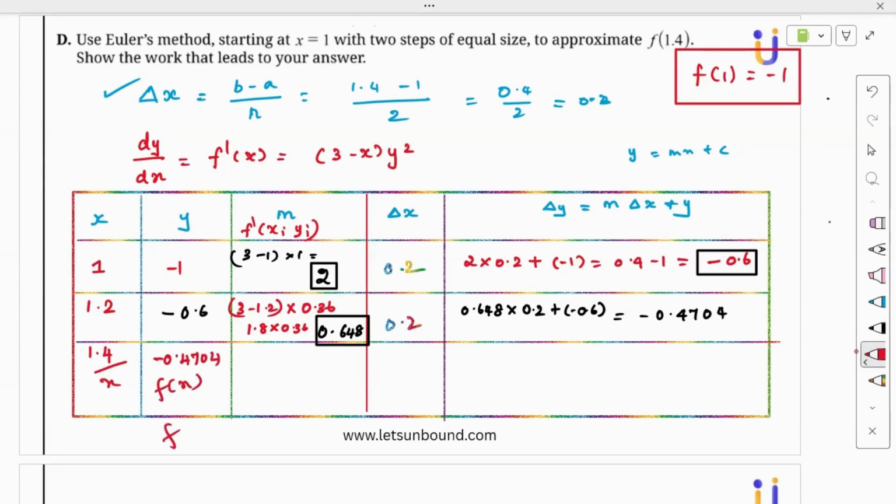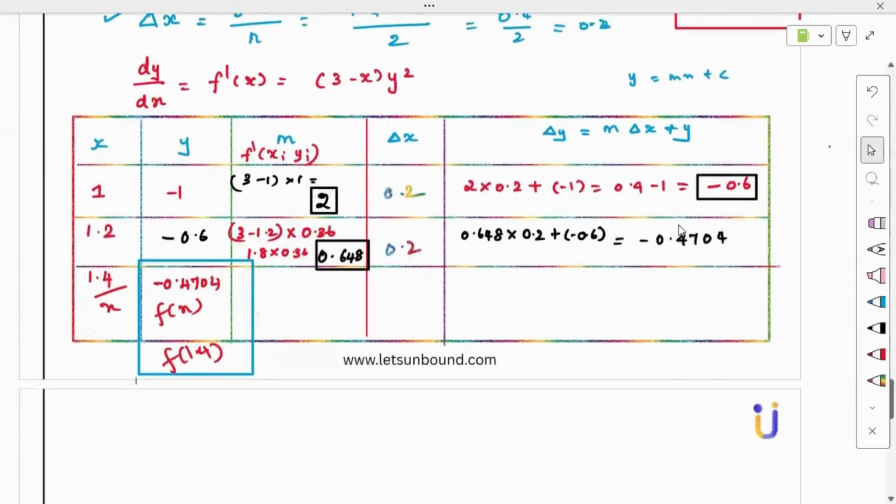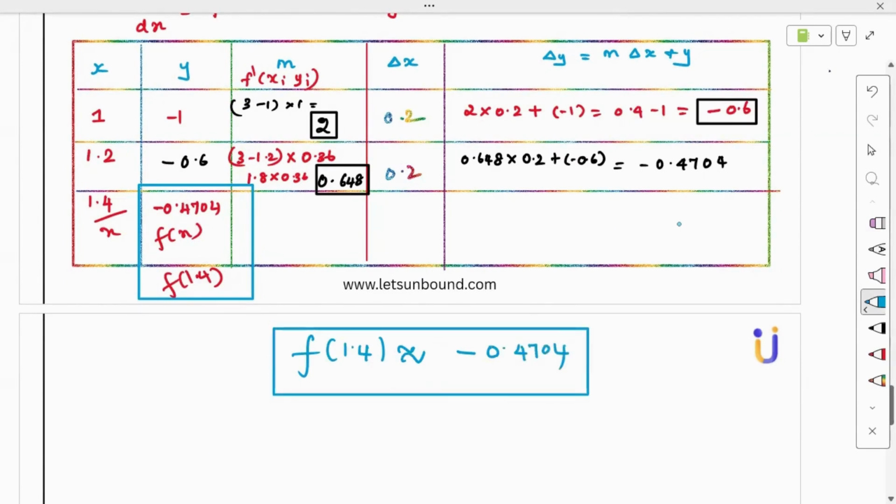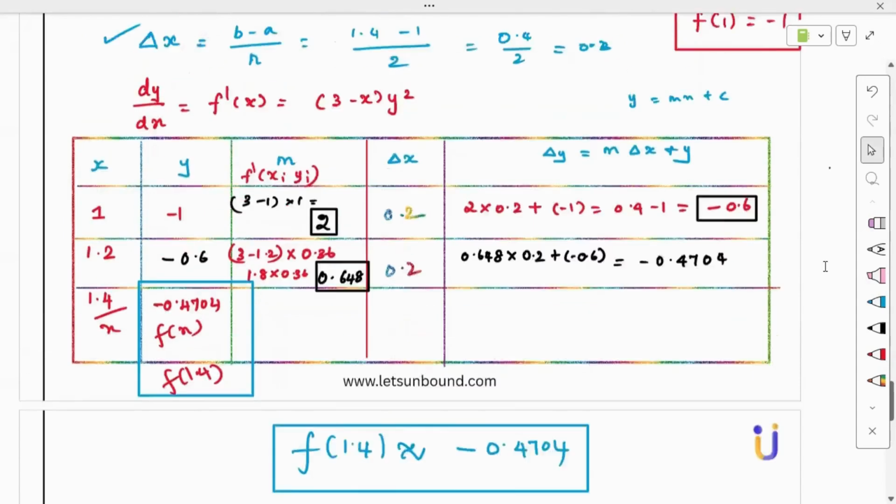So this is f of 1.4, correct? We approximated 1.4 using 2 steps. So this is your final answer. The approximated value of f of 1.4 is negative 0.4704. Very simple, but we need to be cautious with the decimals and signs here. That is where most of the errors will be.